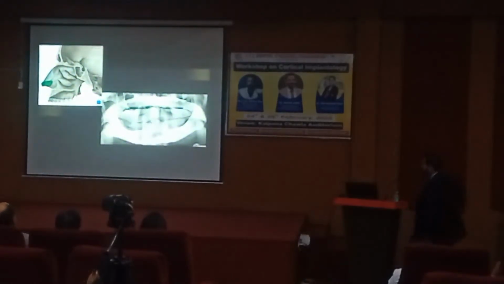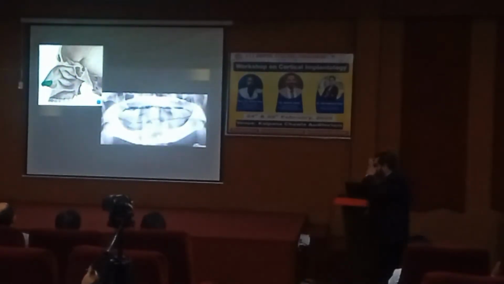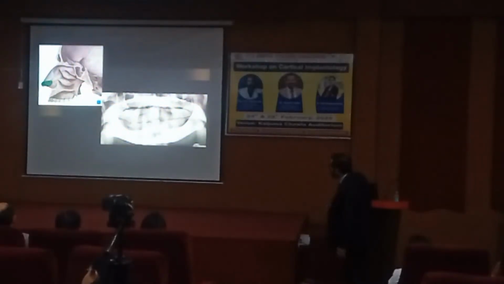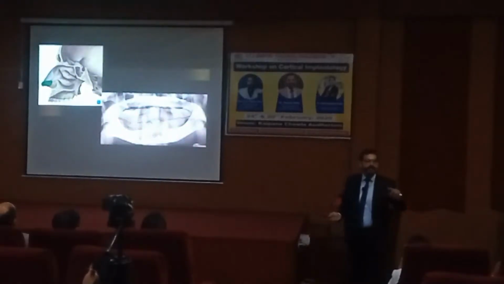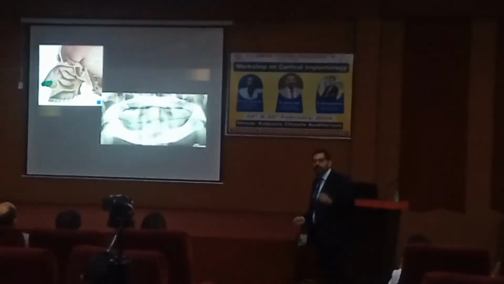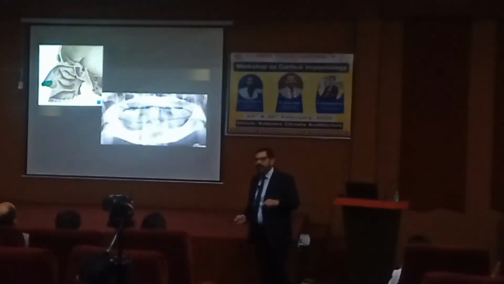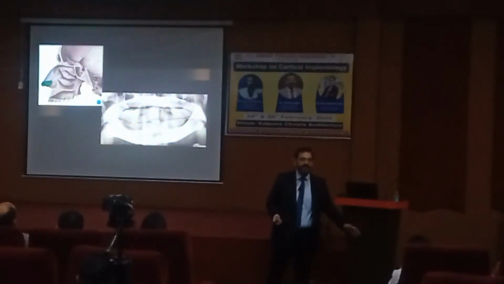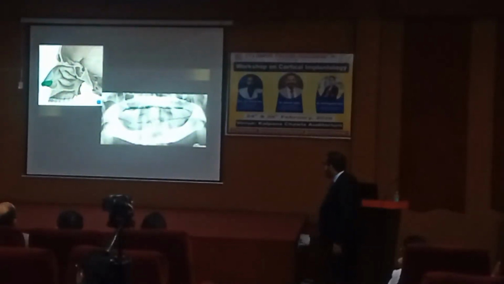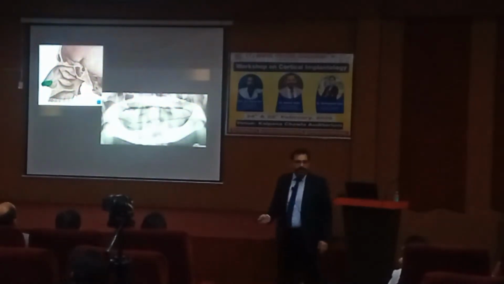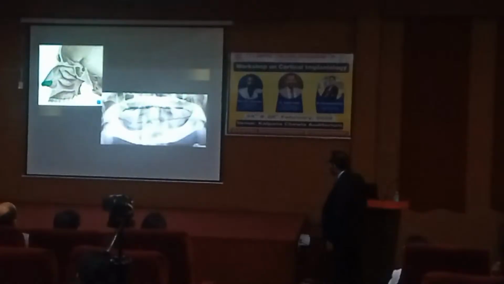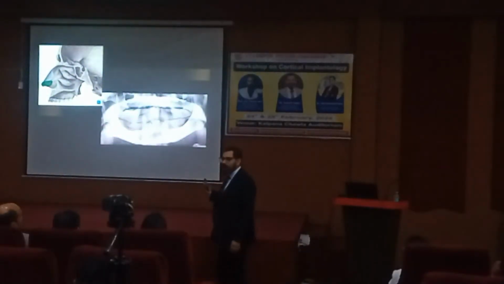So in the OPG, if you compare, can you see this white line? This is your nasal floor. You should check your OPGs, even the IOPA, when you are placing the implant, to see whether it is touching, dipping, or crossing the nasal floor. If your implant is below this, if it ends right here, that means you are going the wrong way.